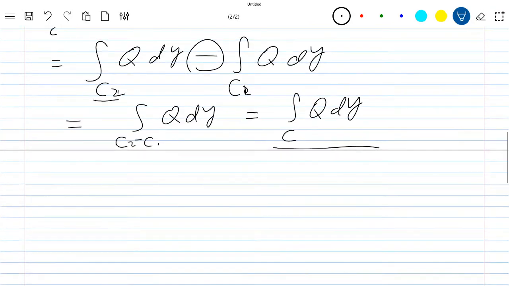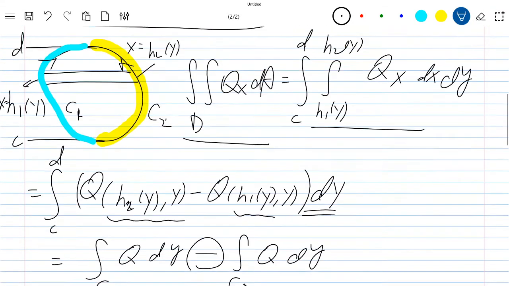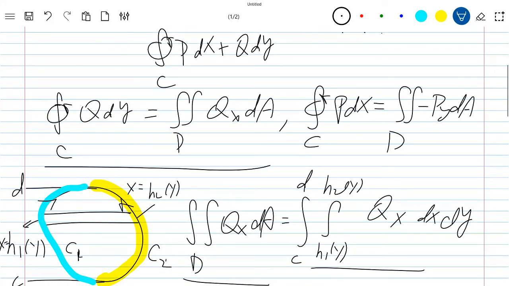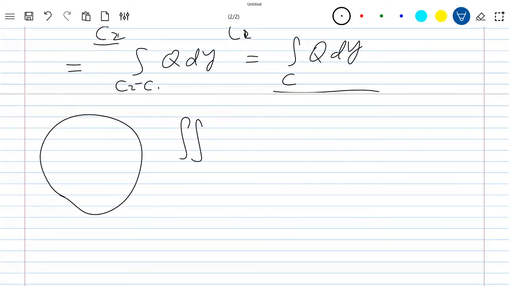Now let's see the similar thing for the P. So what do we want to prove? We want to prove that the integral of P dx equals the negative integral of Py dA.